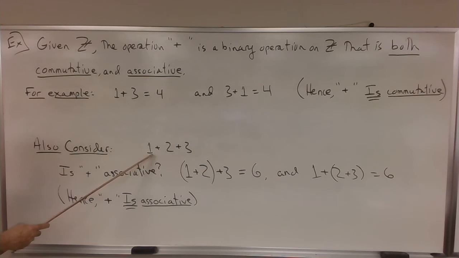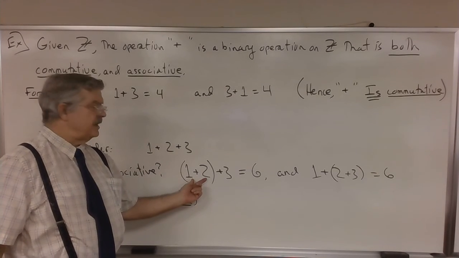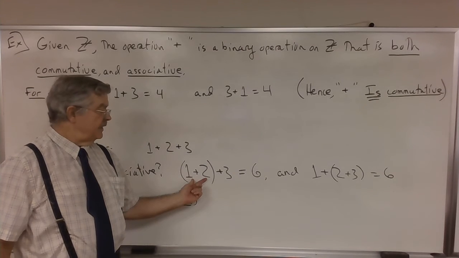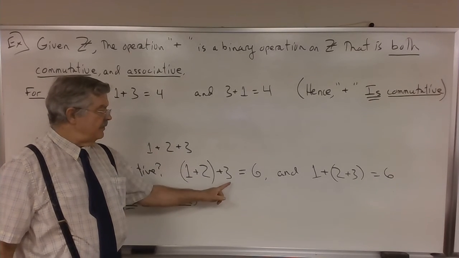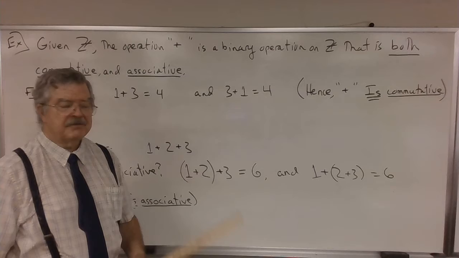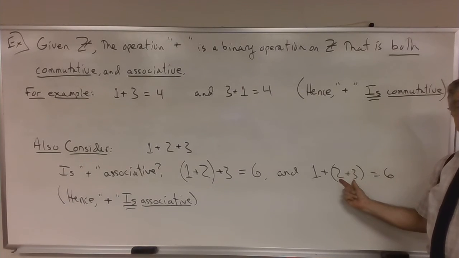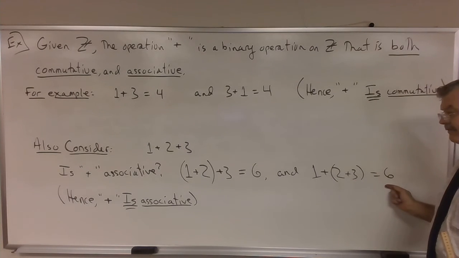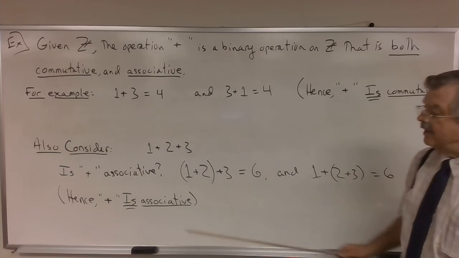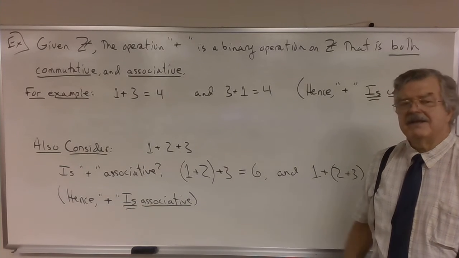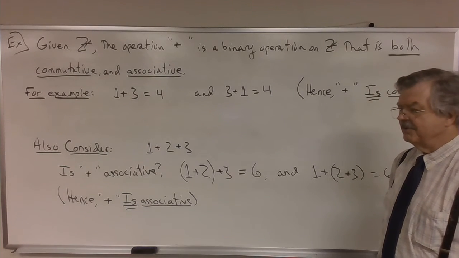Take the same trio of elements, 1 plus 2 plus 3, and we find out that plus is associative. If we associate 1 and 2 first, we get 3, and then we add 3, and that gives us 6. Whereas if we associate 2 and 3 first, we get 5, and 1 plus 5 is 6. So addition is associative on the real numbers.